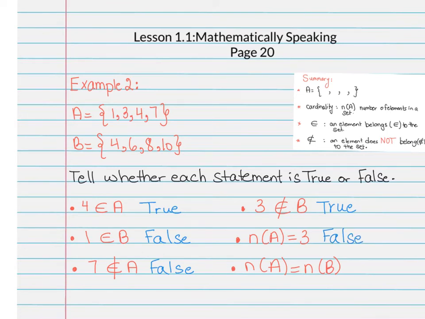Statement number 6, the cardinality of A is equal to the cardinality of B, so they have equal number of elements. Let's test it. The cardinality of A is 4. Let's see the cardinality of B. B has 1, 2, 3, 4 elements. So in A I have 4 elements and in B I have 4 elements, so this statement is true.